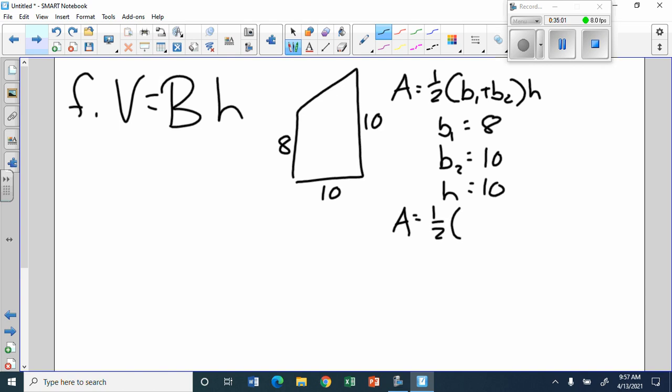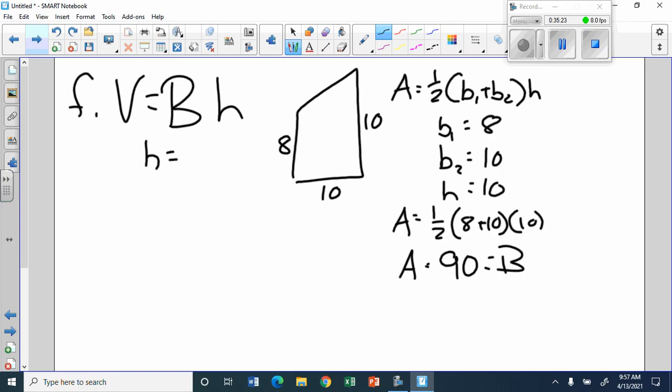1/2 of 8 plus 10 times 10. Area equals 8 plus 10 is 18, half of that is 9. 9 times 10 is 90. Equals what? Thanks. Good call. Height?